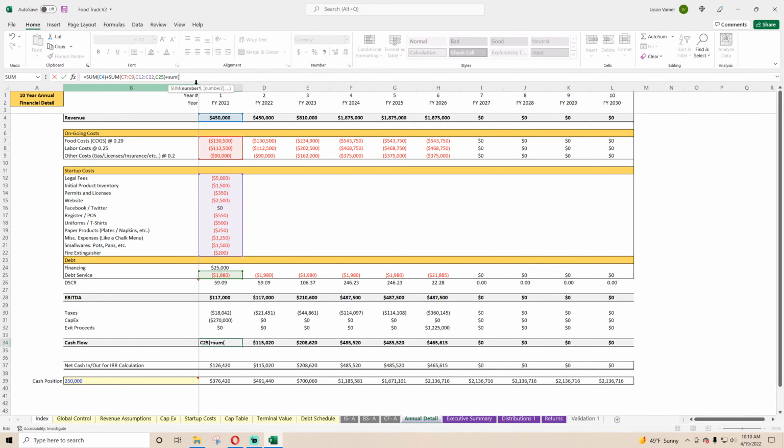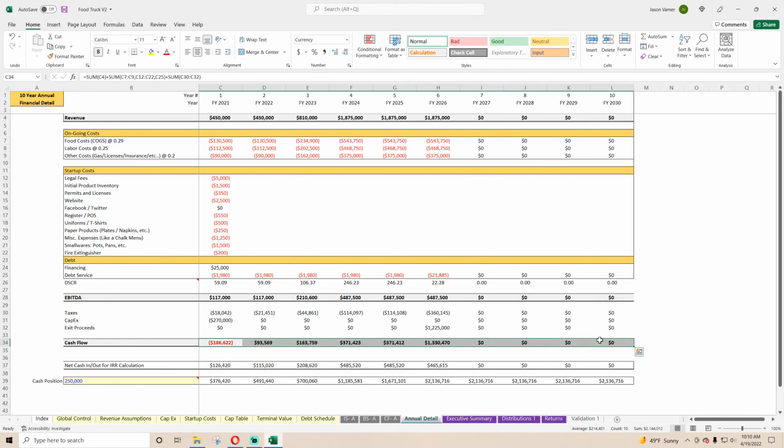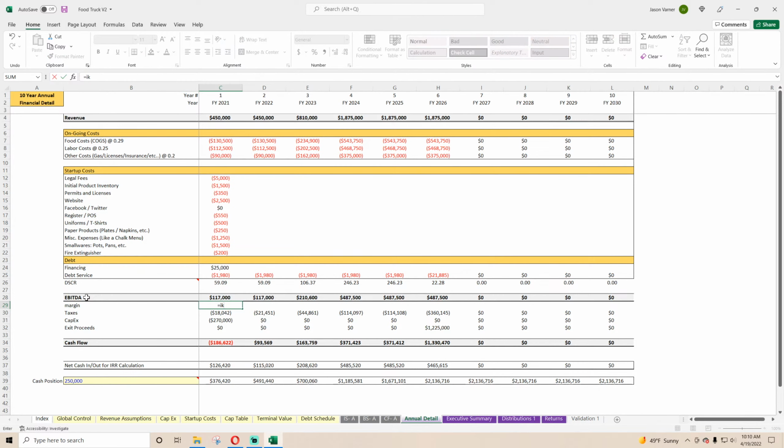We can just sum those all up as well. We'll give a margin in here: EBITDA divided by revenues.